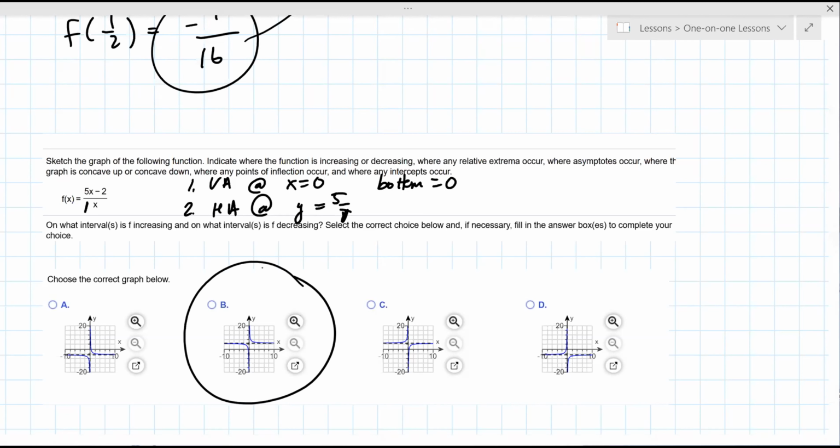I got C. When I graphed it, I did 5x minus 2 over x. Did you put the 5x minus 2 in parentheses? I just did the second fraction or whatever.